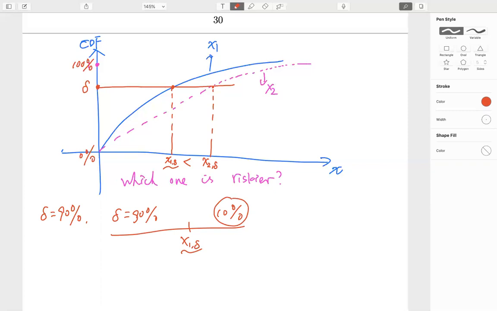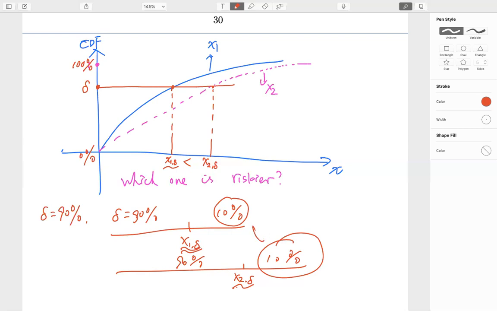And for the same reason, you can interpret something similar for X2 delta down here. As you can see, because the quantile of X2 is bigger than the quantile of X1, its 10% is much, much worse than X1's 10%, right? Because it is on the right side. Right side is the bigger side, right? So the 10% of X2 are sitting at much, much bigger size, okay?